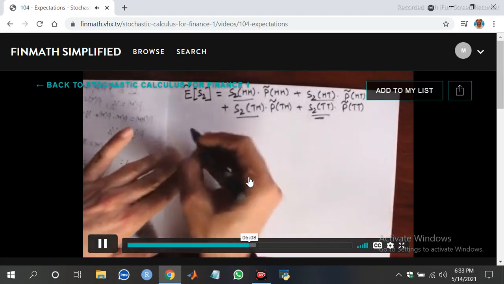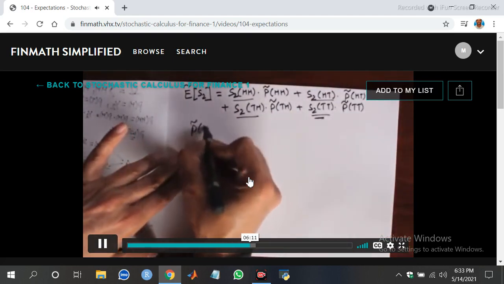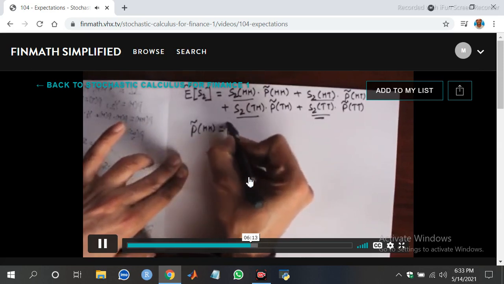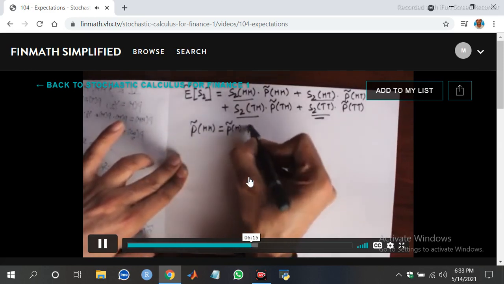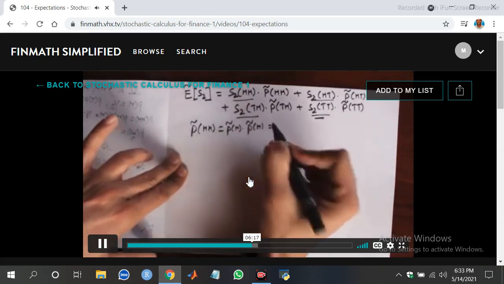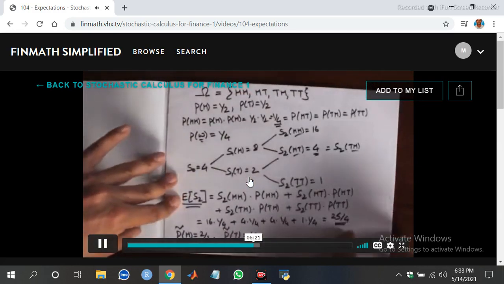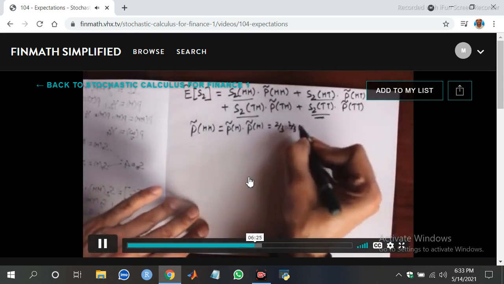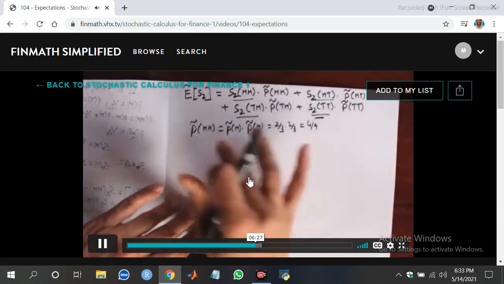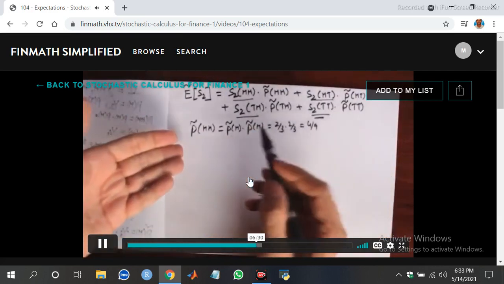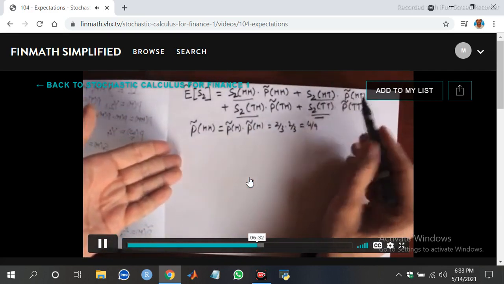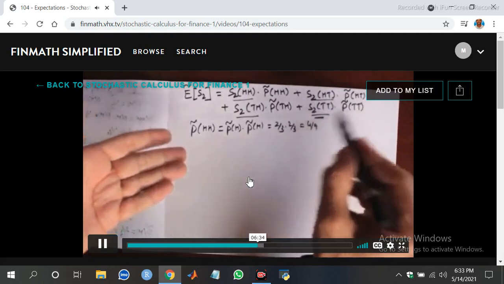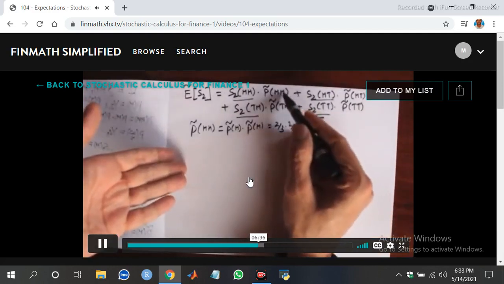So likewise, now if you want to calculate the probability of a head-head under the new measure, that would be the probability of getting a head times the probability of getting a head. And as we've defined here, in our new measure, probability of getting a head is 2 by 3. So 2 by 3 times 2 by 3 equals 4 by 9. Likewise, I'm not going to do the entire math here, but you can calculate the probability of getting a head tail, tail head, tail tail, keeping in mind that these coin tosses are independent.